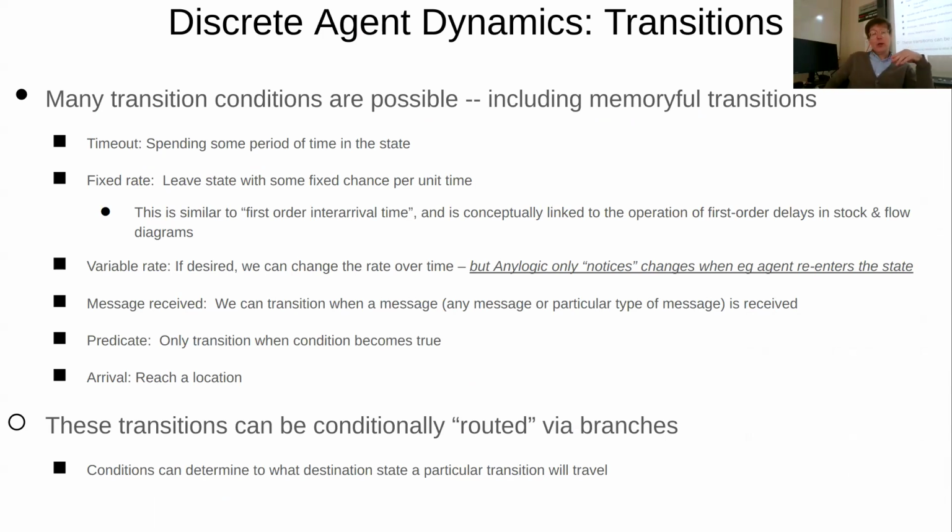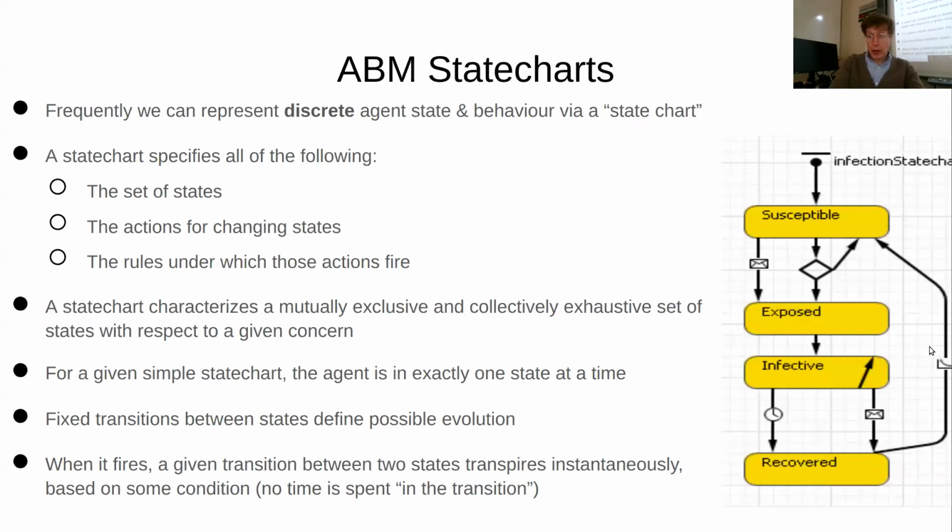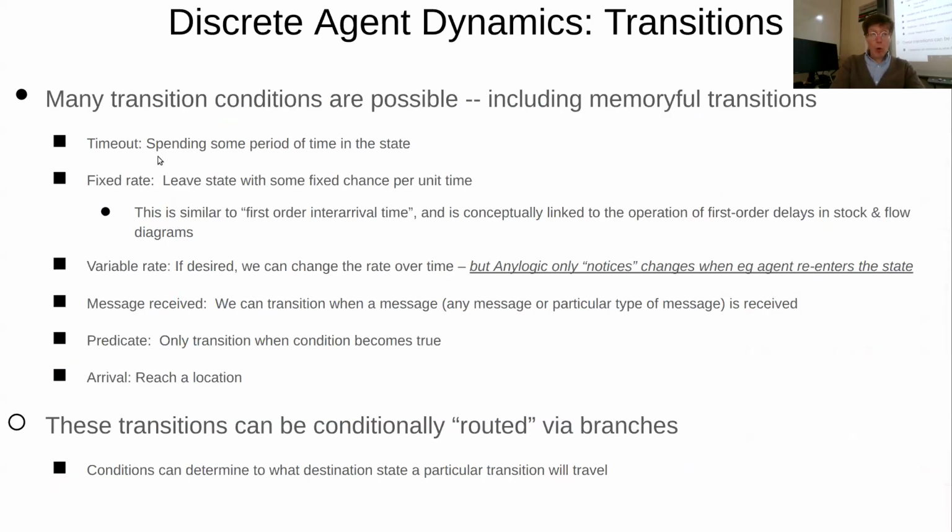By contrast, there's a variable rate, where the chance is changing based on how long you've been in that state, which you can realize if there's a transition which says you won't leave this state for exactly some amount of time. Those are both memoryful transitions.